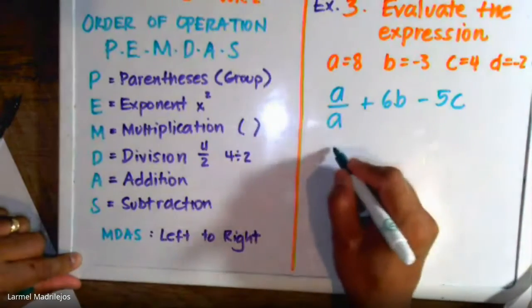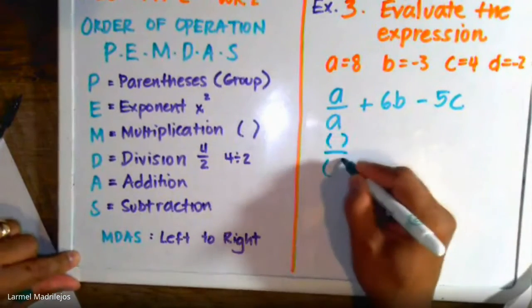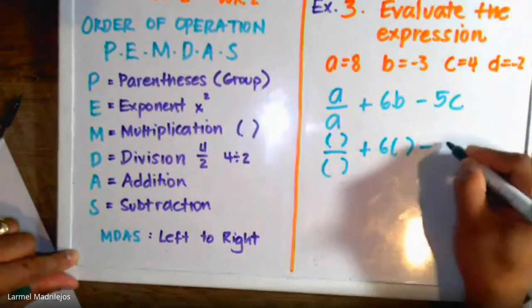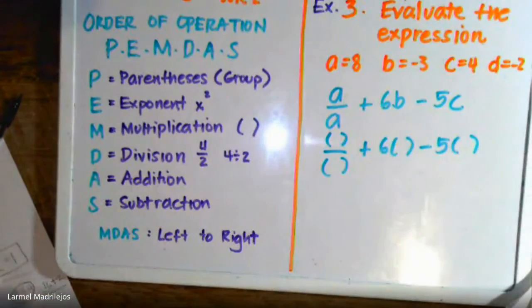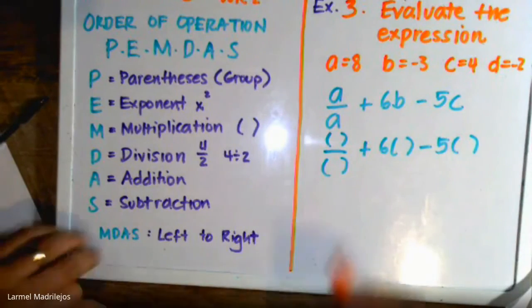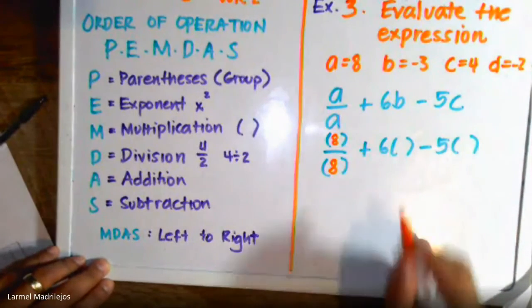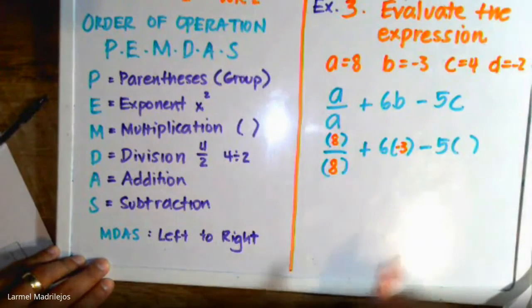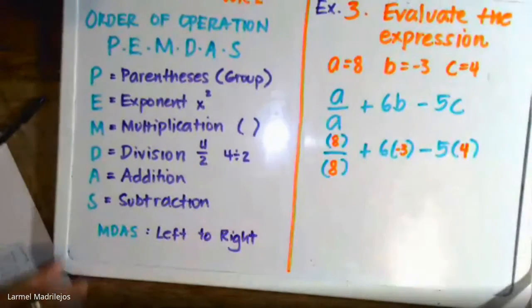So I can write that as A over A plus 6 times B minus 5 times C. My A is 8, my B is negative 3, and my C is 4. So we don't need D.